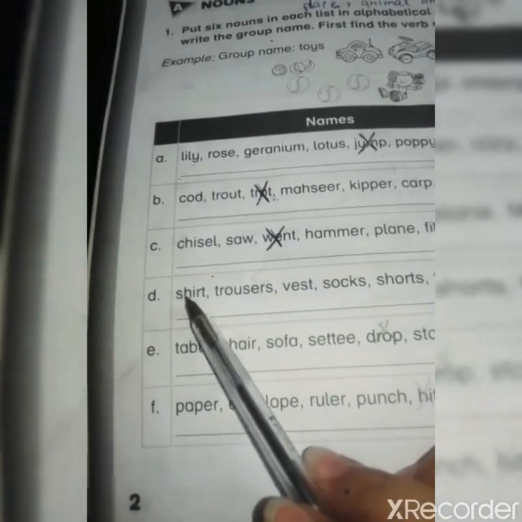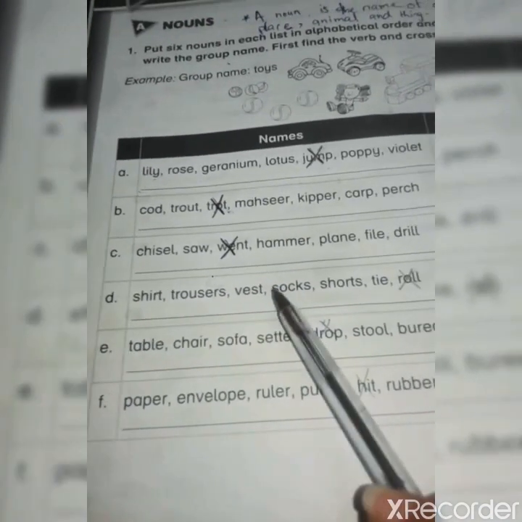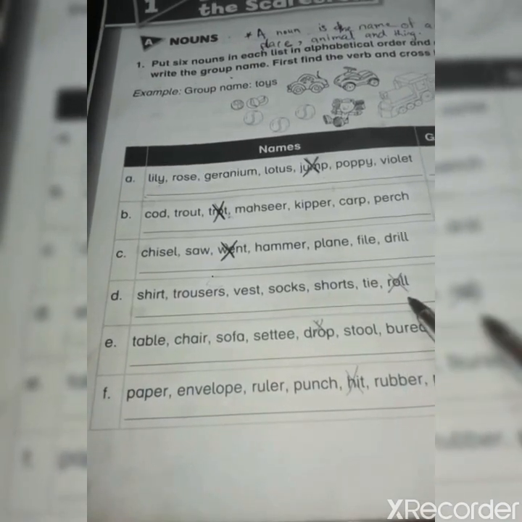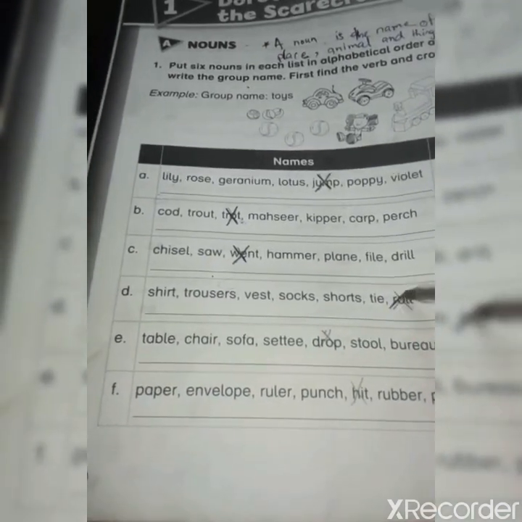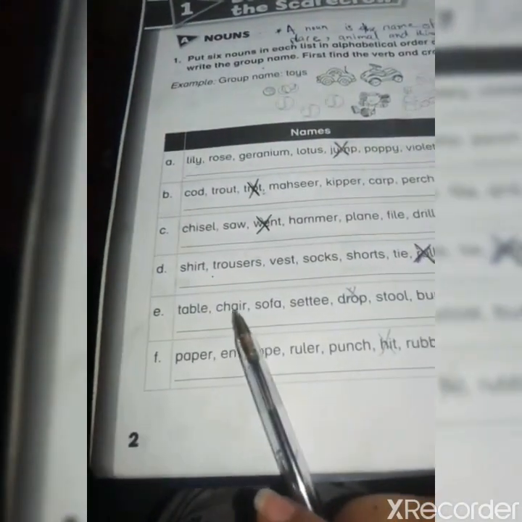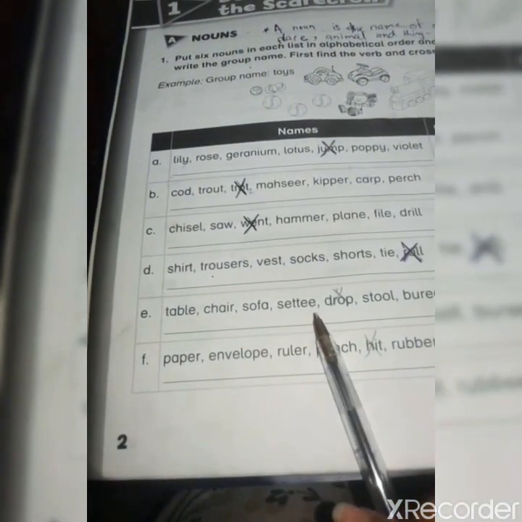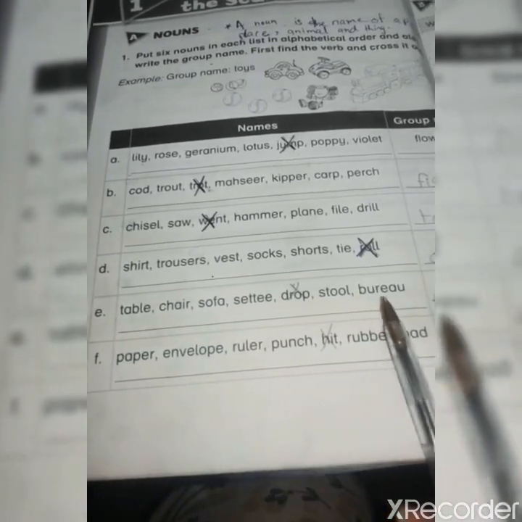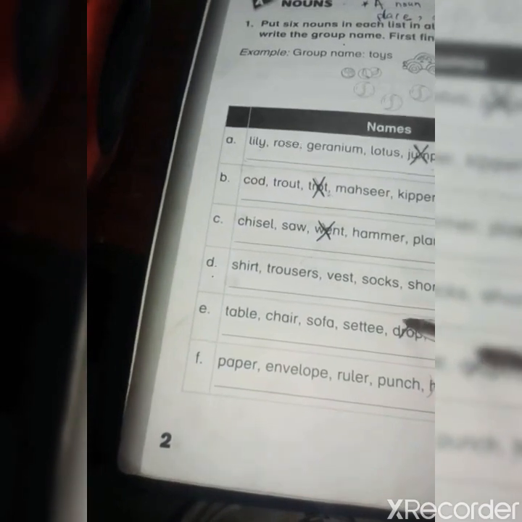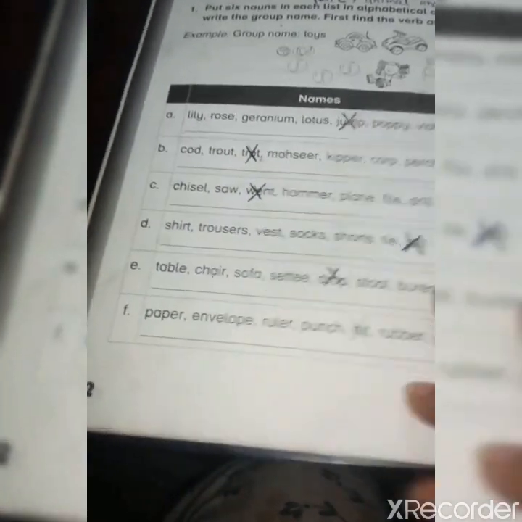In D part, shirt, trousers, vest, socks, shorts, tie, roll. Roll is a verb because it's an action. E part, table, chair, sofa, settee, drop, stool, bureau. So I think drop is the verb.